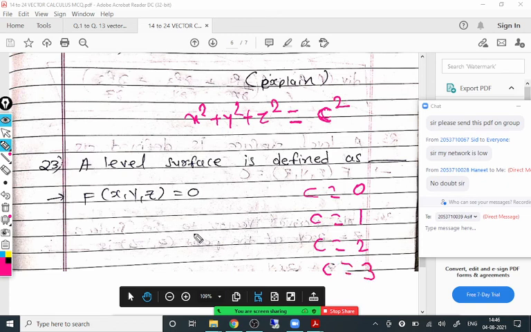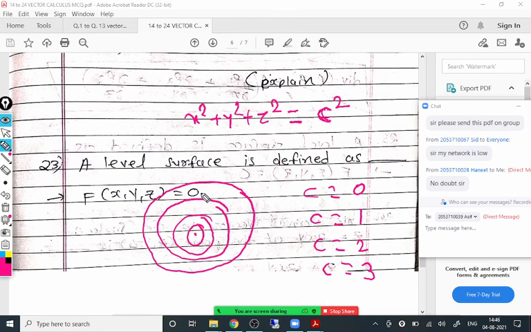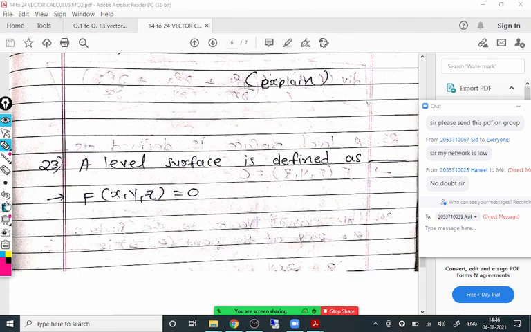So you are getting level surfaces, first a point, then a sphere, then an outer sphere, and so on. These are the level surfaces at different levels, parallel to each other. So the level surface is f of xyz equal to constant, not only 0.